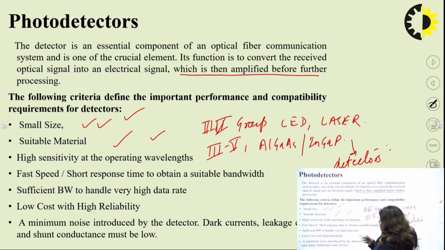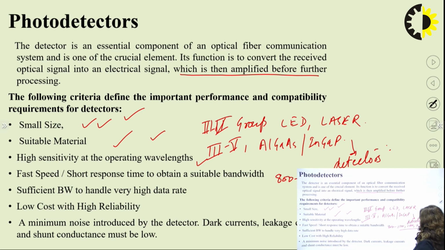It needs high sensitivity at the operating wavelength, whether we are operating the detector at a wavelength of 800 nanometers or detecting light at 1300, 1500 to 1600 nanometers.